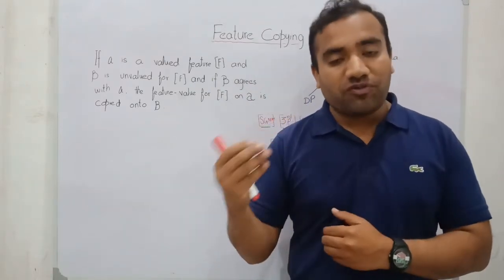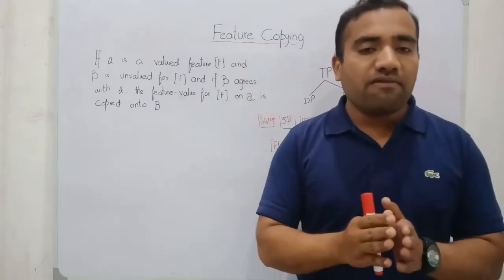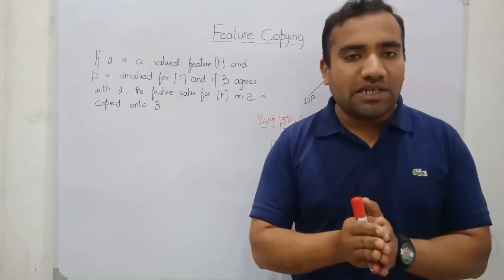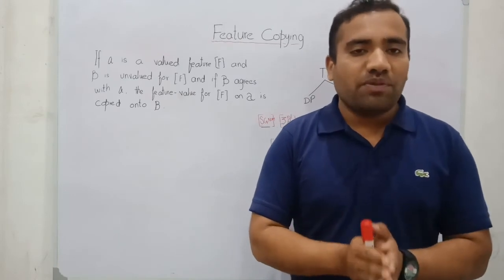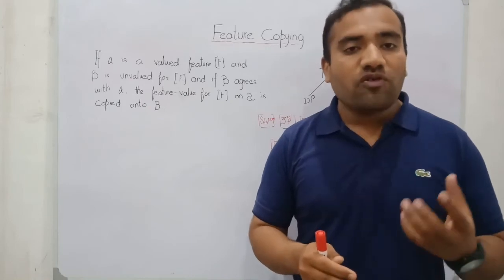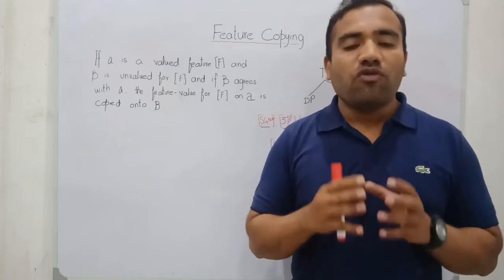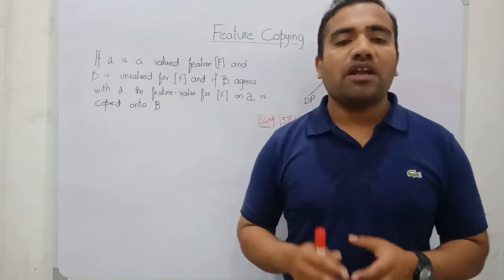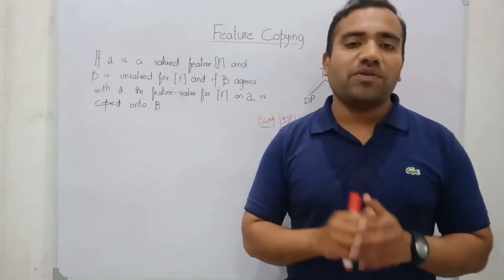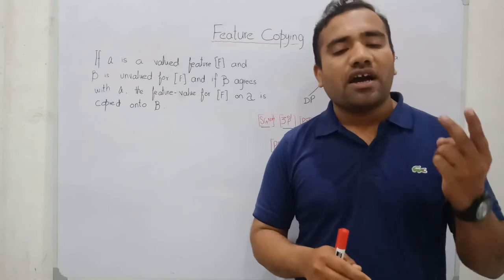First is the feature valuation process, the second is feature copying, and if we cannot copy the feature, it cannot be deleted and the next process will not go on. So for a smooth flow in the syntax, in the derivation, when we generate sentences, we must follow the system, and the system tells us that the feature must be valued, because we have two types of feature: valued feature and unvalued feature.